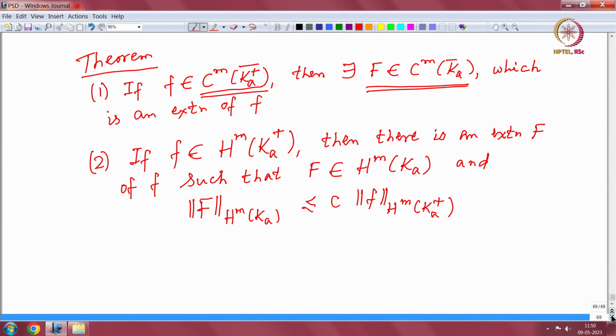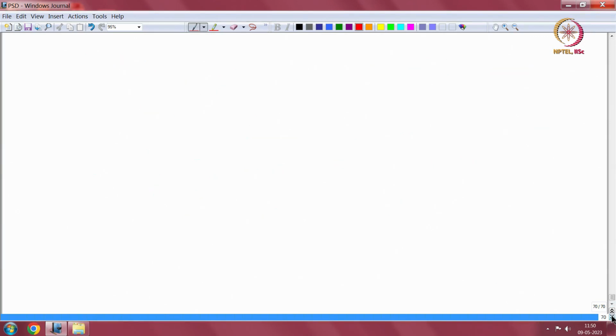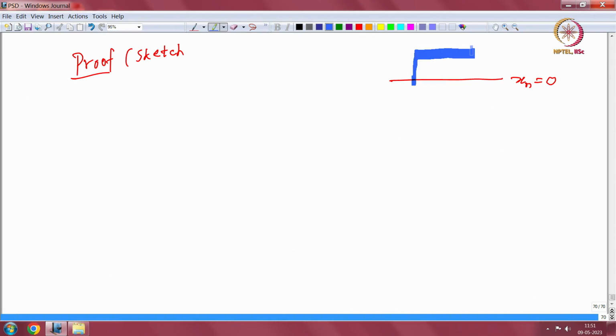So, the first one, the smooth class. Let me just prove it. There are many computations, so you should do that. Let me just draw this. So, this is x_n equal to 0. Let me choose a different color, sorry for that.